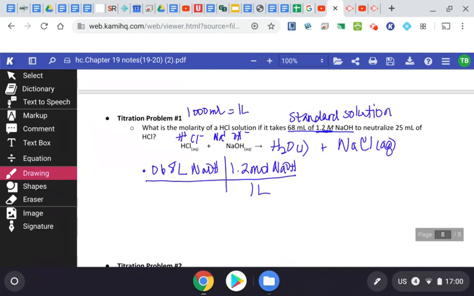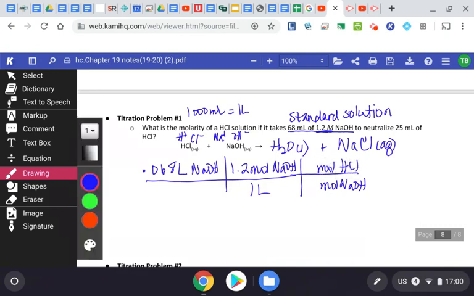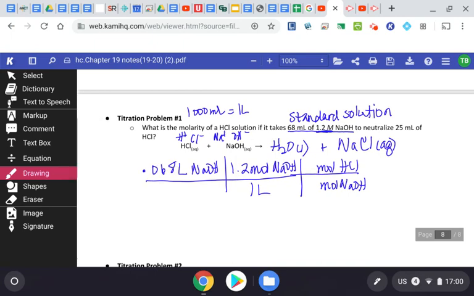And then we're going to turn it into moles of our unknown, which is the hydrochloric acid. We do that by using stoichiometry. So moles of NaOH are on top, I'm going to put those on the bottom, and moles of our unknown hydrochloric acid goes on top. Well, in our balanced equation here, I have 1 mole of HCl for every 1 mole of sodium hydroxide.